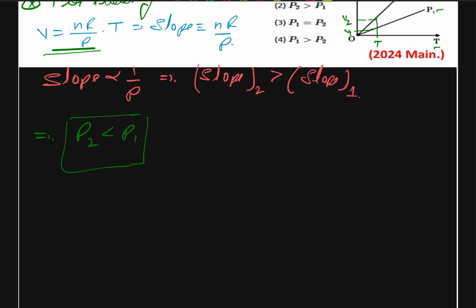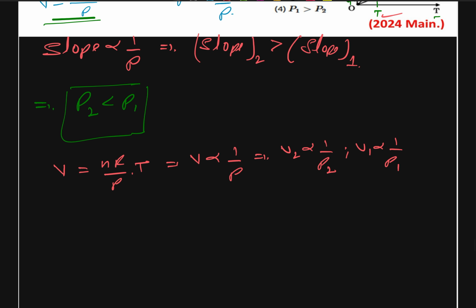So we can say that V is equal to nR upon P multiplied by T, and for a particular value of T, this T will be constant, so volume is inversely proportional to pressure. Therefore V2 is inversely proportional to P2, and V1 is inversely proportional to P1.